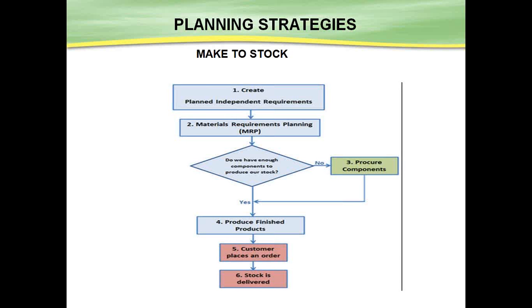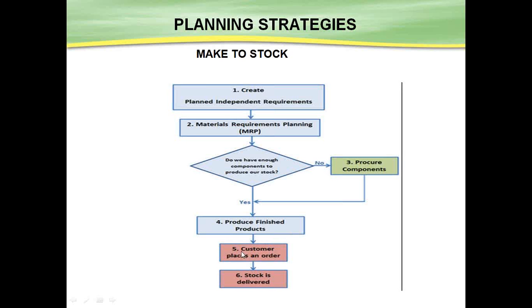On the basis of plant independent requirement, the material requirement planning will be done. If we have enough components in our stock, then we'll start producing. If we don't have, then we'll go and procure the components from the market, and after that the finished product is produced.